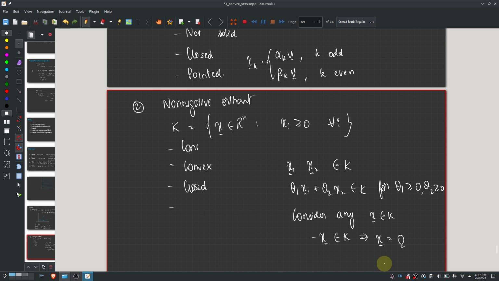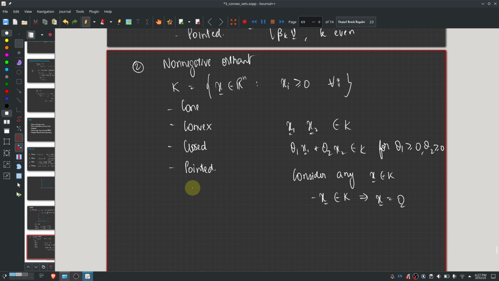It's not possible to have a non-zero vector for which even one entry is negative. So it is in fact pointed. So the non-negative orthant is in fact a proper cone. Yes, it's also solid. I think I missed that.